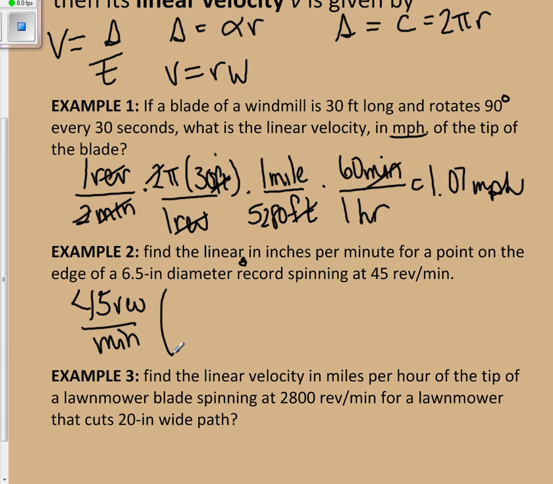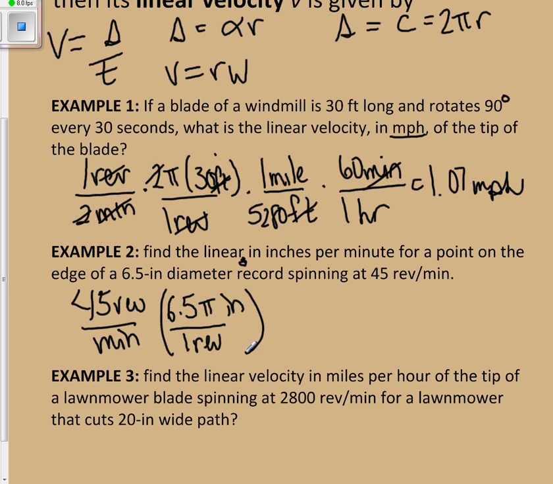That means for each 1 revolution, it's going to go the circumference of the circle, which for us is going to be 6.5, that's the diameter, times pi, inches per 1 revolution. And so we want the inches per minute.